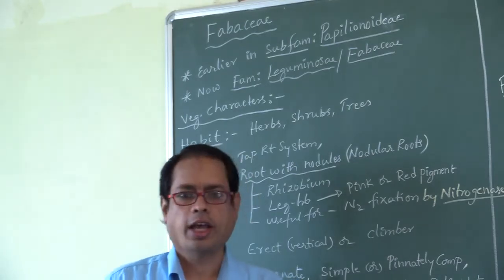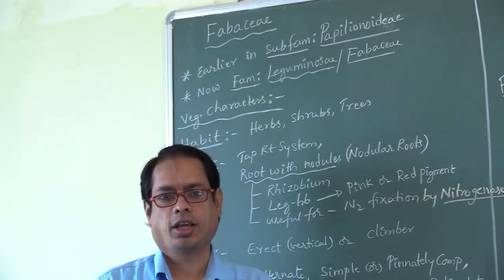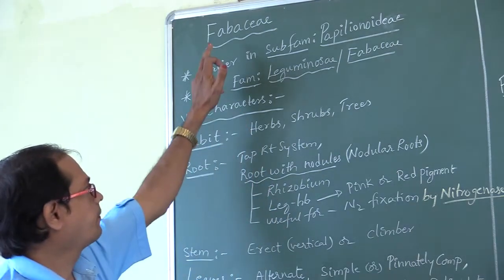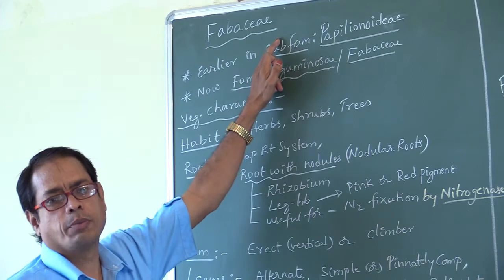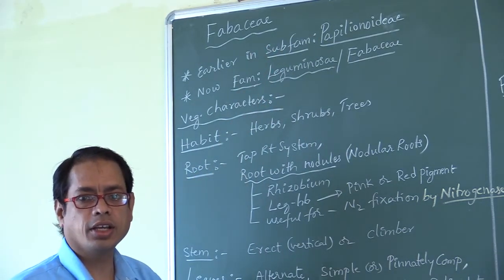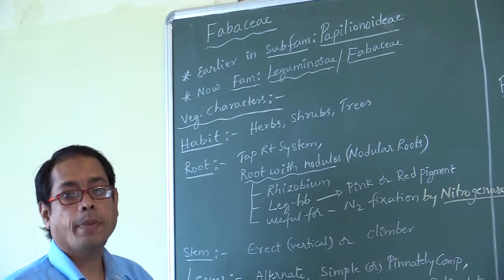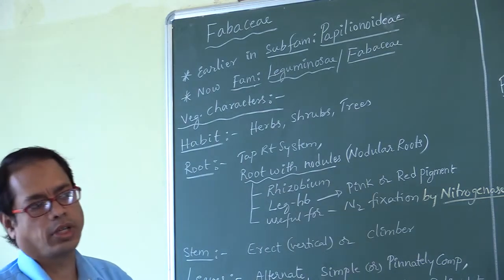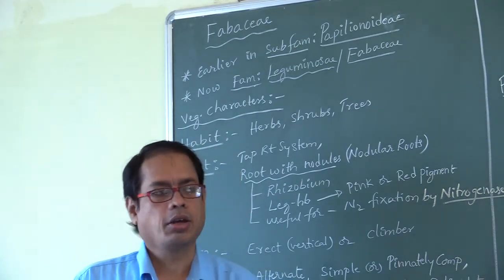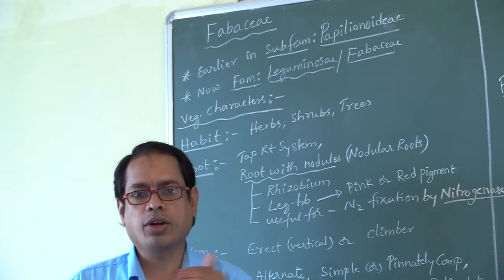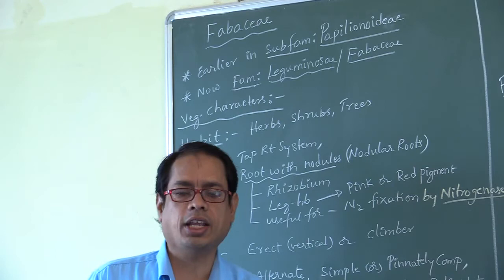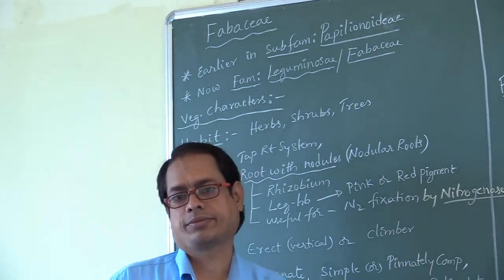Today I am going to explain a family called Fabaceae. Previously, it was placed in the subfamily Papilionoideae, but now it has been given special status as the family called Papilionaceae or Fabaceae.